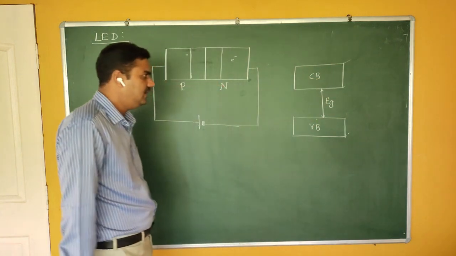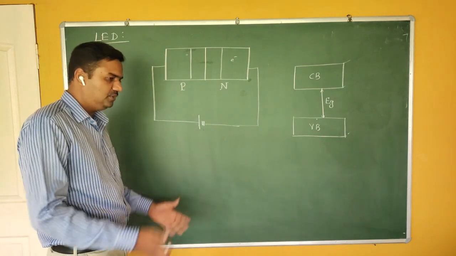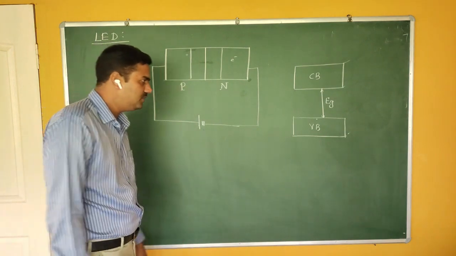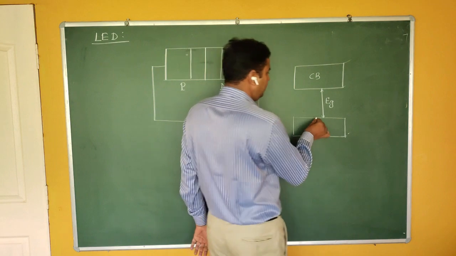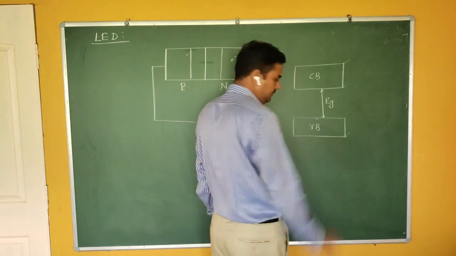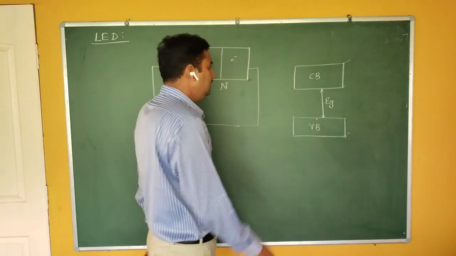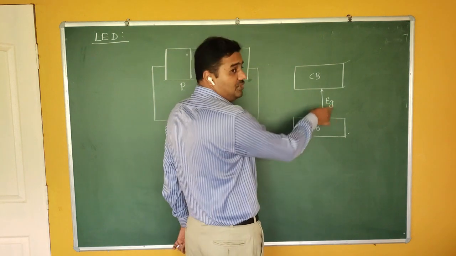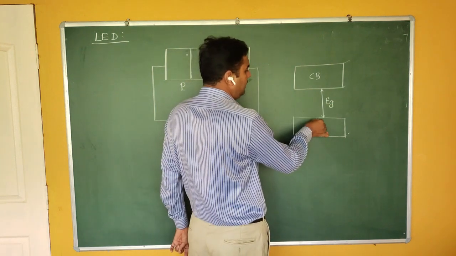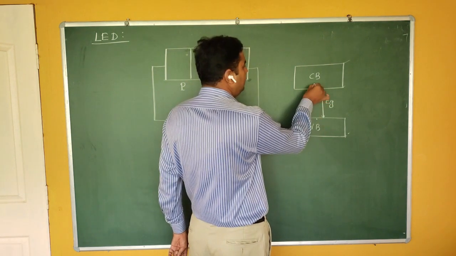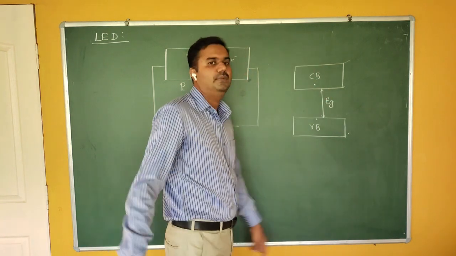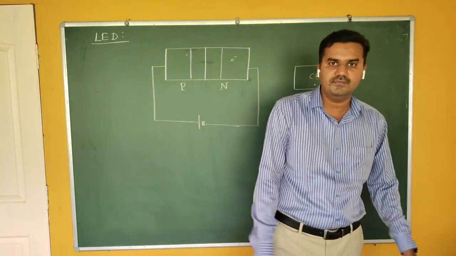It is different for different diodes, depending on the composition of the material. If you supply external energy greater than that Eg, then an electron can jump from the valence band to the conduction band. When they go to the conduction band, electrons become free.